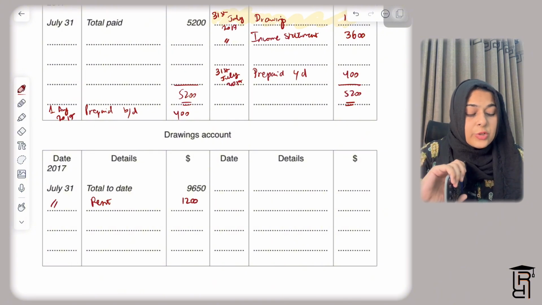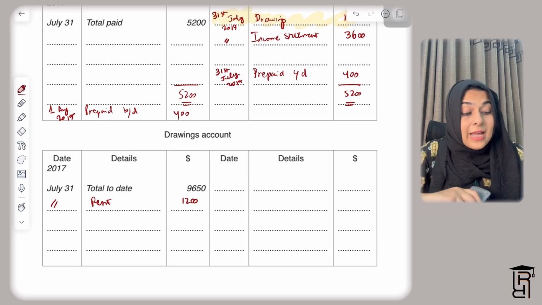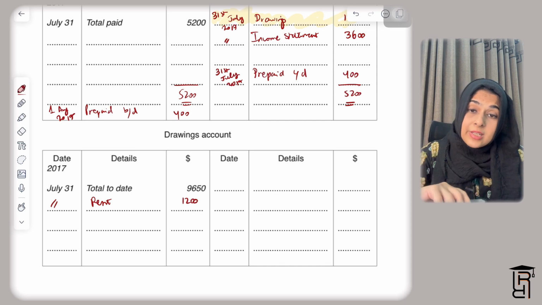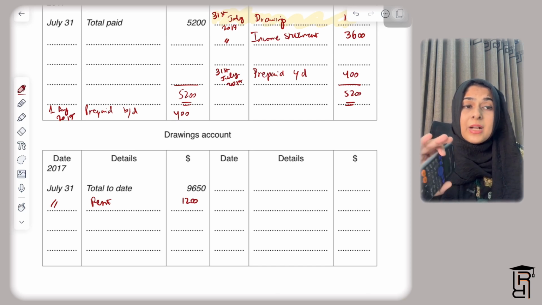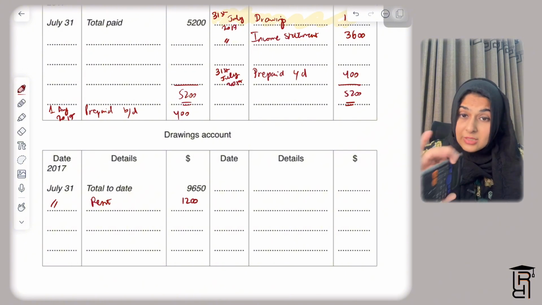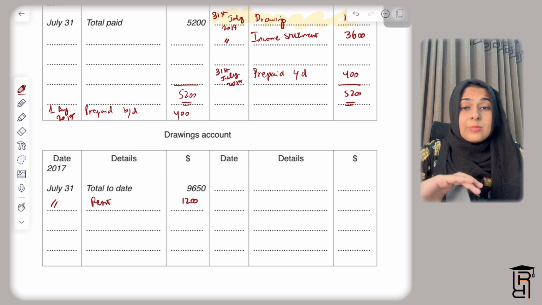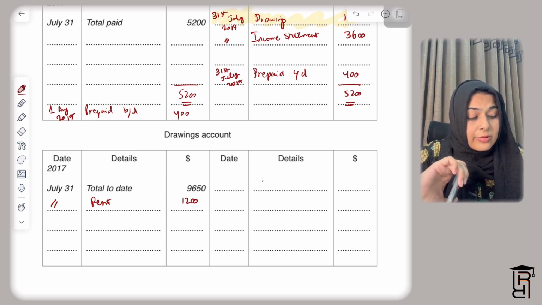Now what we'll do is that 9650 plus 1200 is going to be transferred to the capital account of Zodwa, because it's the year end. When the year ends, income accounts are transferred to income statement, expense accounts are transferred to income statement, and the drawings account is basically closed into capital. So when you close this into capital, you're going to credit the drawings account.